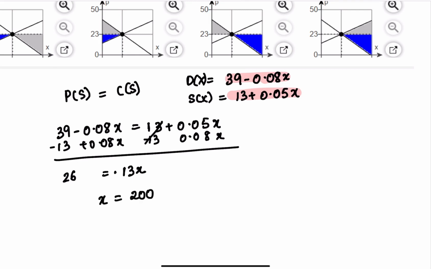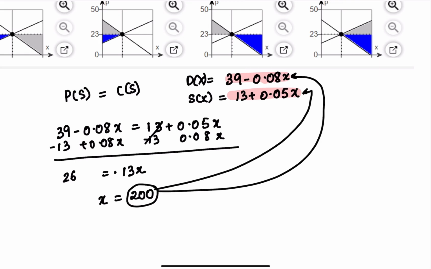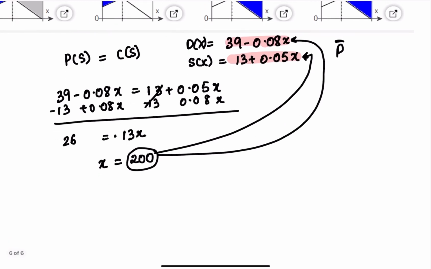And as you can see, once I have my x as 200, I'm going to go ahead and plug that into the equation. So I can take this 200 and plug it into this one, or I can plug it into this one, so I can get my equilibrium price. Because remember, the equilibrium price is when the consumer surplus is same as the producer surplus. So I'm going to take this x, and my supply and demand is 200 units.